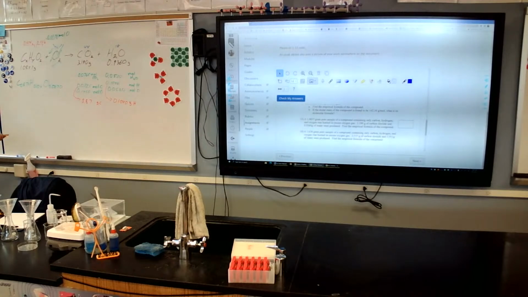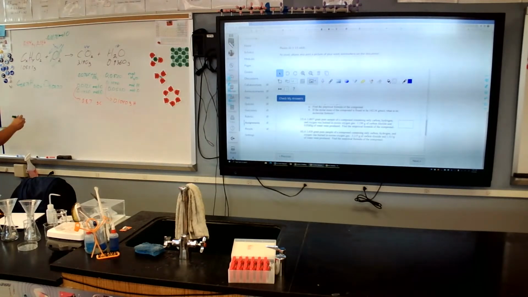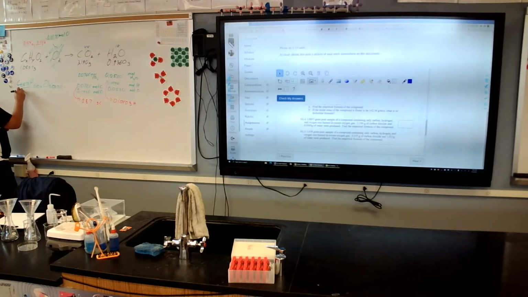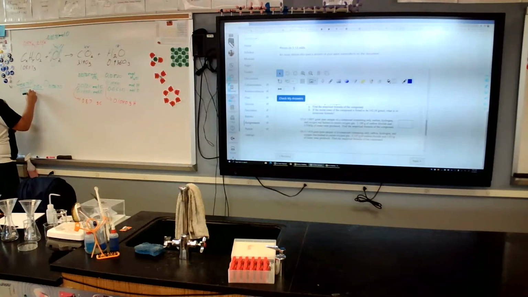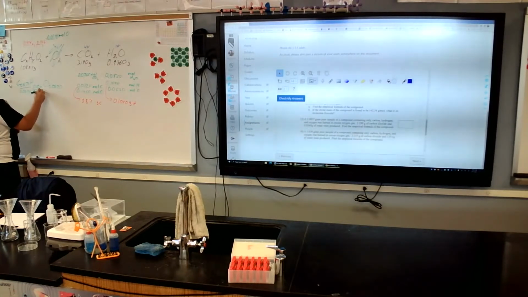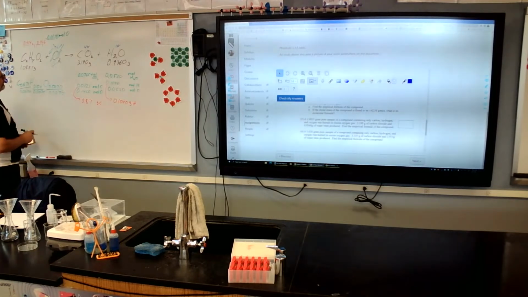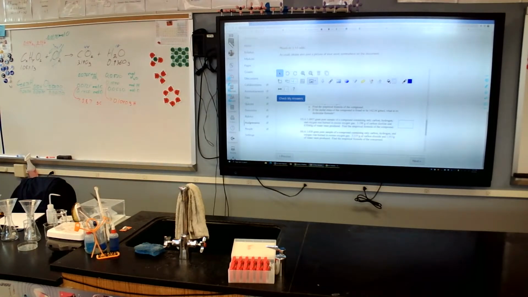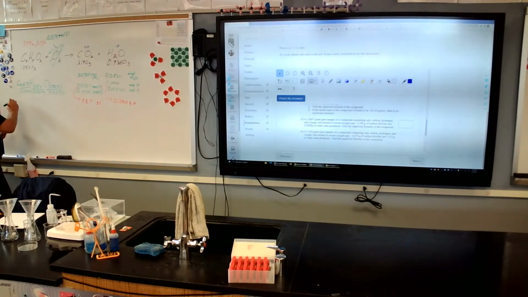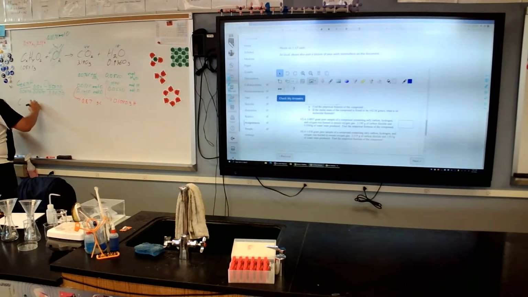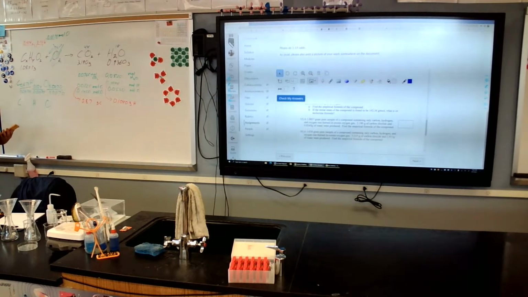So now we're going to divide all the numbers by the smallest number to get the ratio. So we're going to divide the carbon by the 0.0070, the hydrogen by the 0.0070, and the oxygen by the 0.0070. And that's going to give us our actual ratio, which we can adjust if we need to.